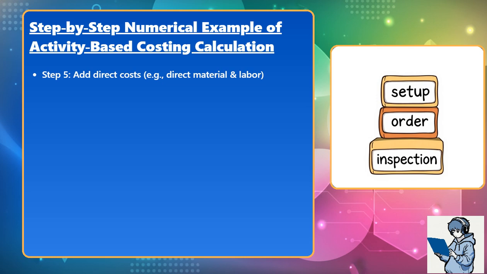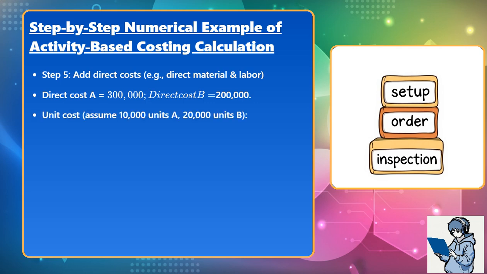Step 5: add direct costs, for example, direct material and labor. Direct cost A equals $300,000. Direct cost B equals $200,000. Unit cost: assume 10,000 units A, 20,000 units B. A equals $300,000 plus $415,000 divided by 10,000 equals $71.5 per unit.